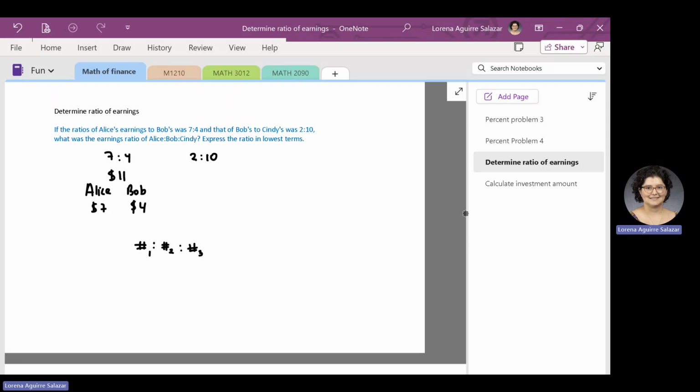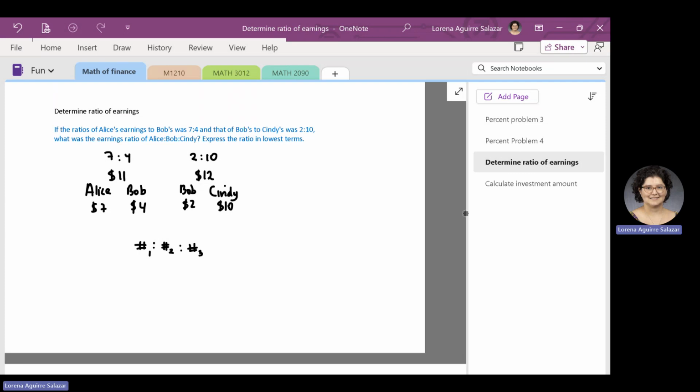While the 2:10 is telling us that if Bob and Cindy earned $12 jointly, then Bob would be earning $2 and Cindy would be earning $10. Cindy earns 5 times what Bob earns.